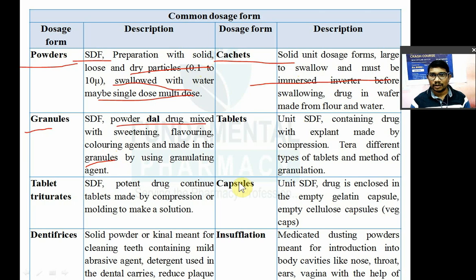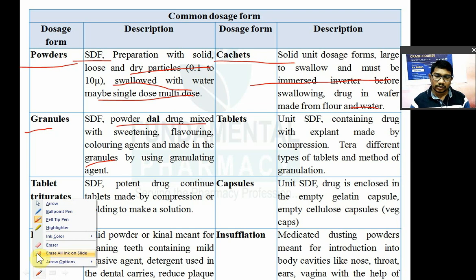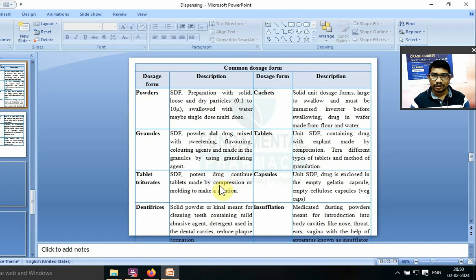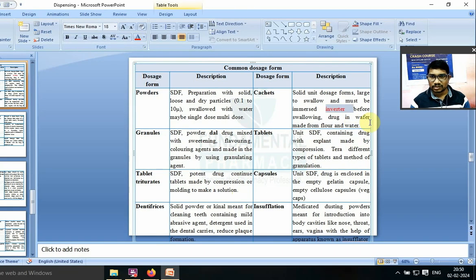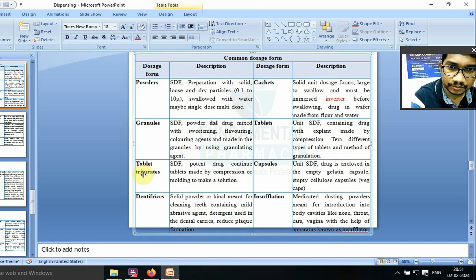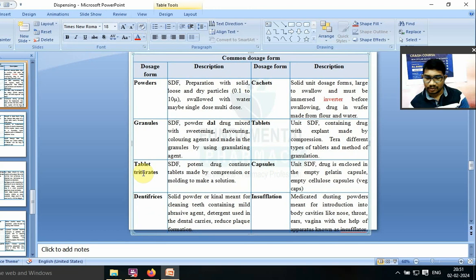The drug is in a wafer which is made from flour and water, wheat flour. The drug is inside it, and it is not easy to swallow, that's why they are immersed in water and then they are swallowed.